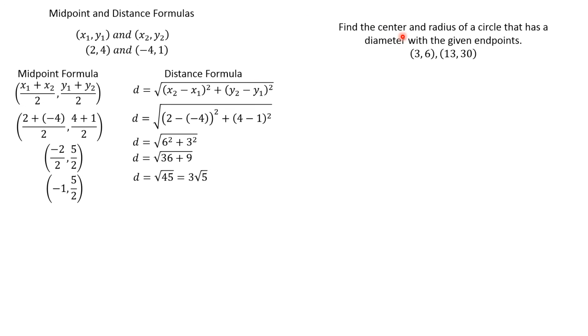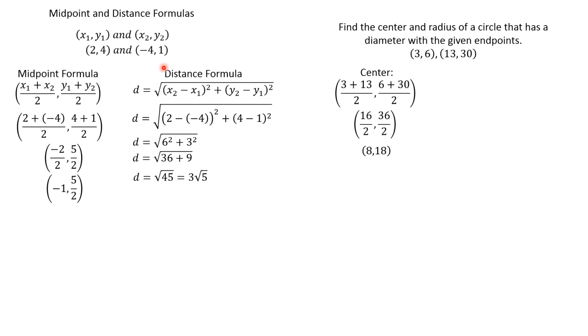The center is going to be at the midpoint, so we can find the center with the midpoint formula. Just plug in our points. 3 plus 13 over 2, 6 plus 30 over 2. 3 plus 13 is 16, 6 plus 30 is 36. Divide each of them by 2, and you get 8, 18. There's the center of the circle with those endpoints of a diameter.